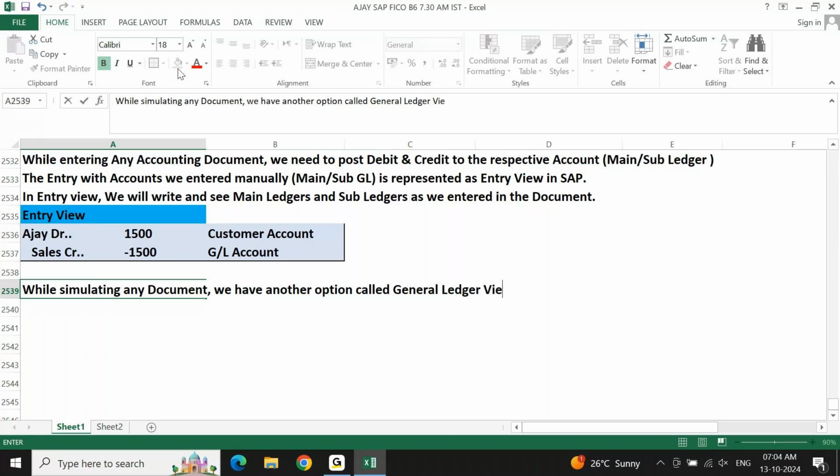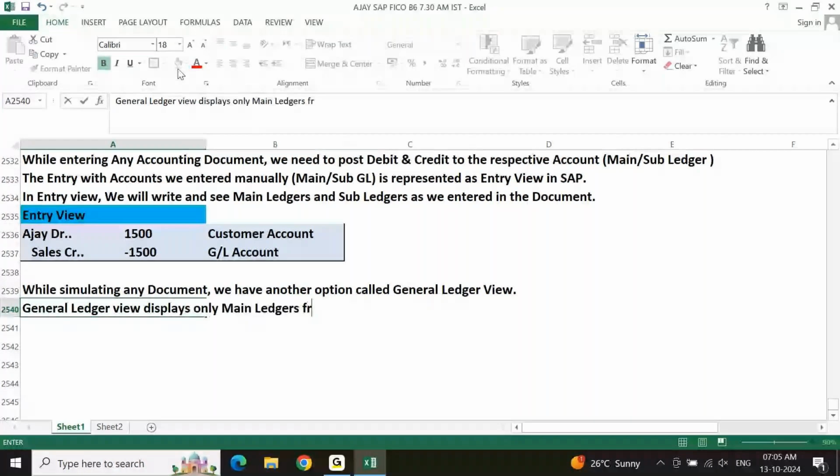General ledger view displays only main ledgers from the accounts entered in entry view.